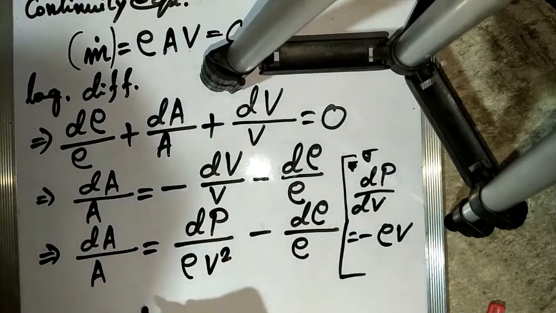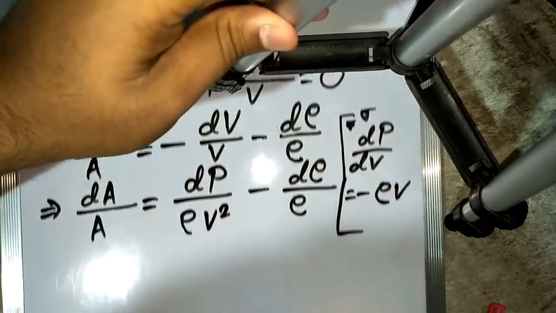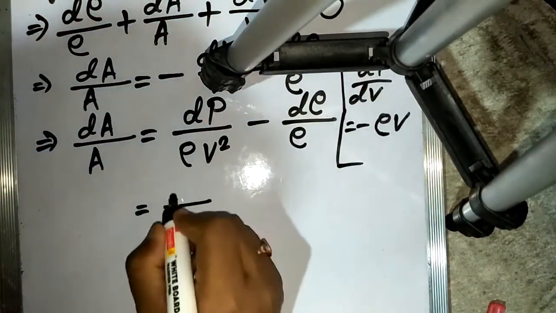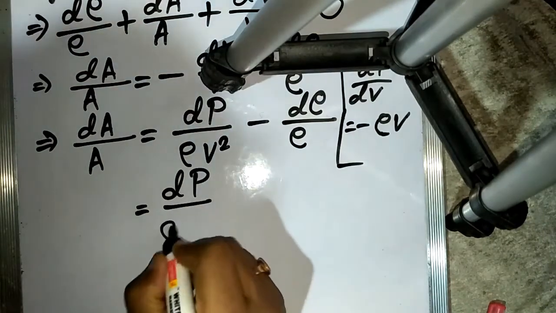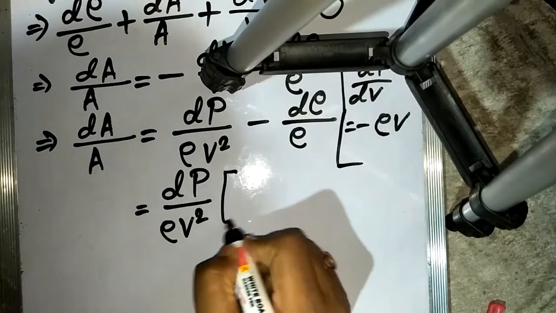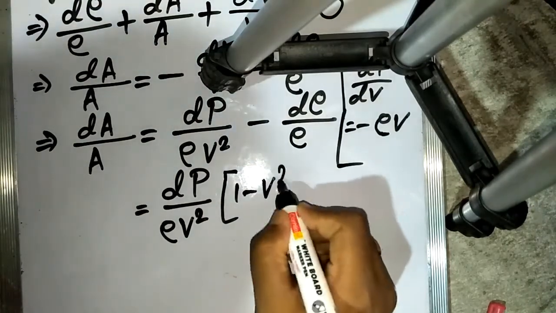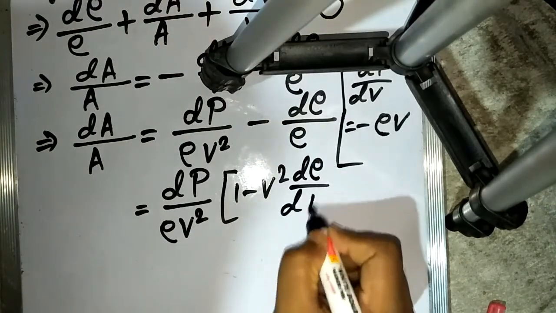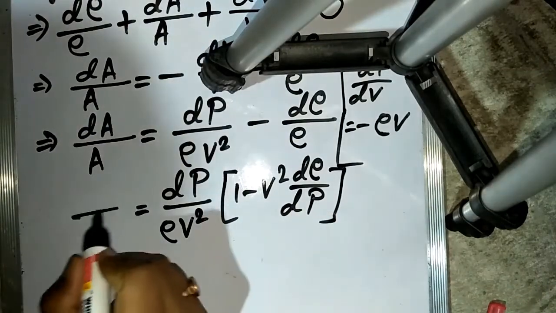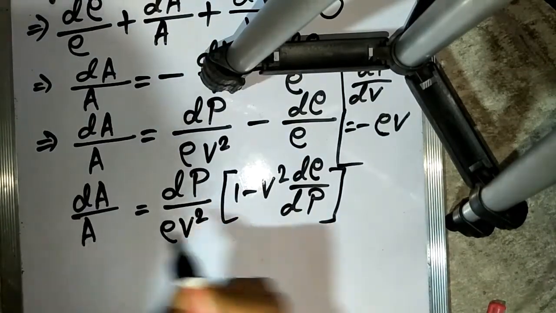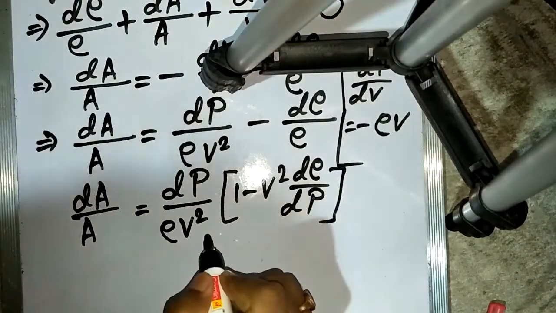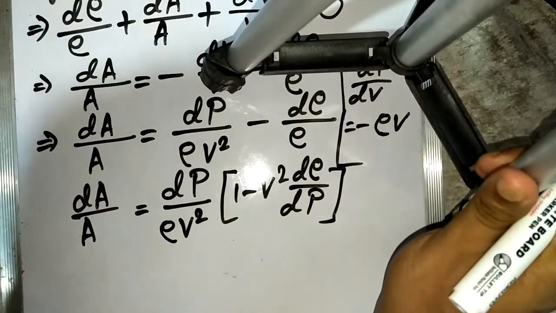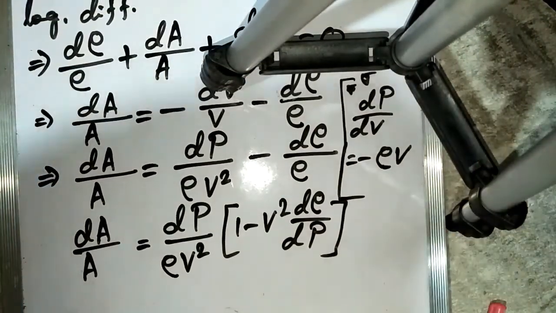So again from this equation we can write dP by rho V square into 1 minus V square into d rho by dP. So dA by A is equal to dP by rho V square into 1 minus V square into d rho by dP.